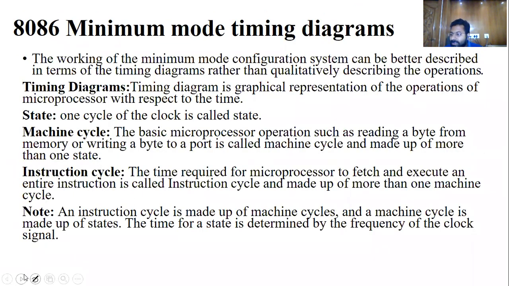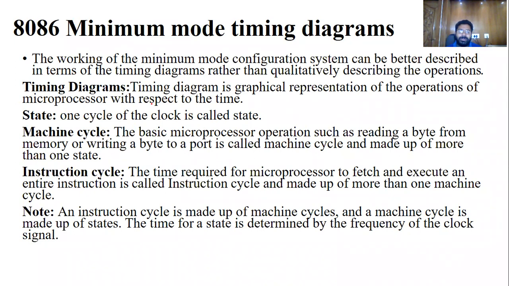So now see some timing diagrams. You know that the minimum mode timing diagram is quite similar to the general bus operation of the microprocessor. What is a timing diagram?